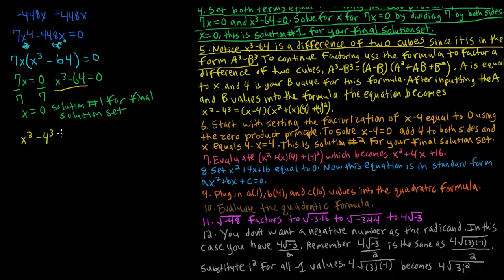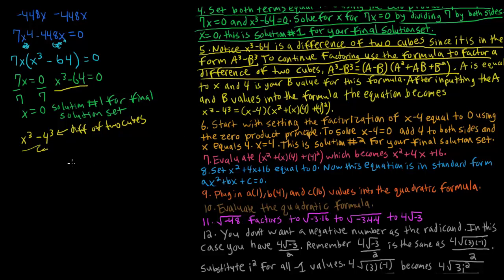And then because this right here is a difference of 2 cubes, to continue factoring, we want to use the formula to factor a difference of 2 cubes, which is this one right here. a to the third minus b to the third, which is the form we have it in here, equals a minus b in parentheses times a squared plus ab plus b squared.